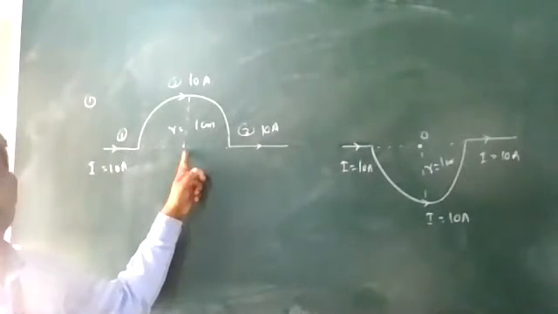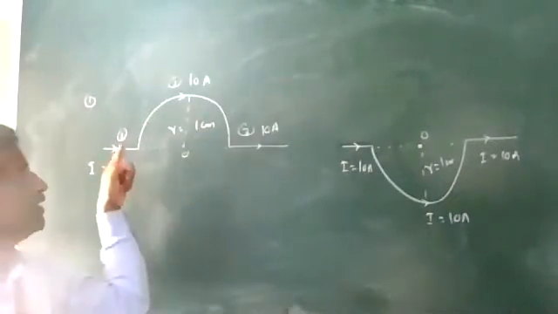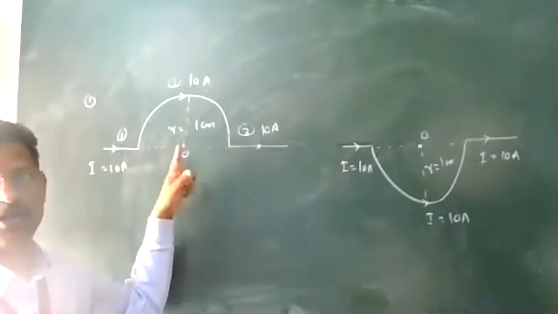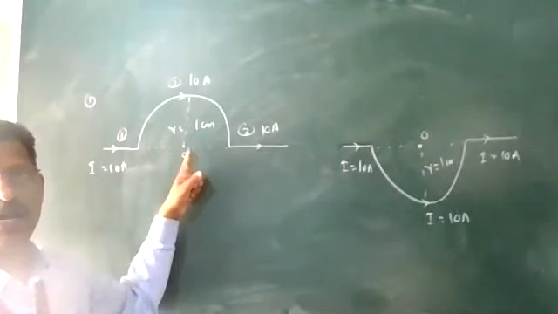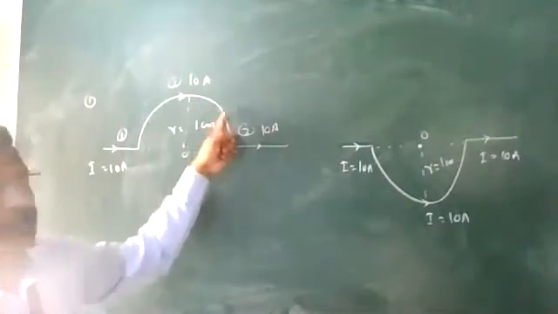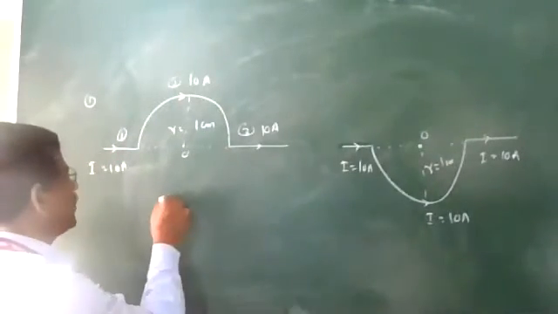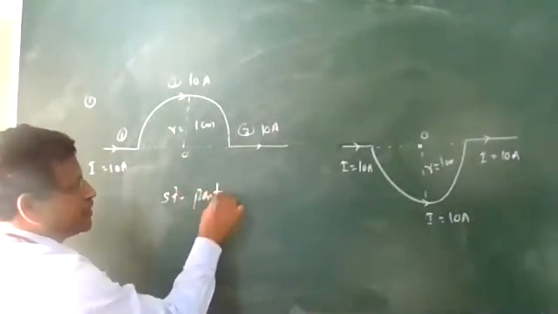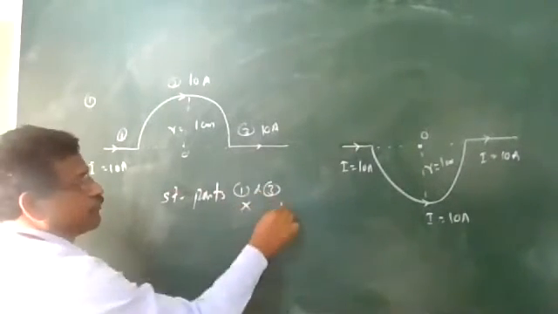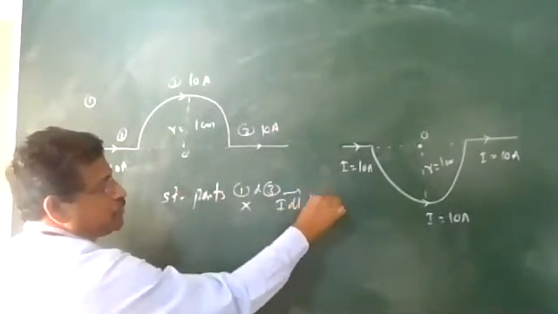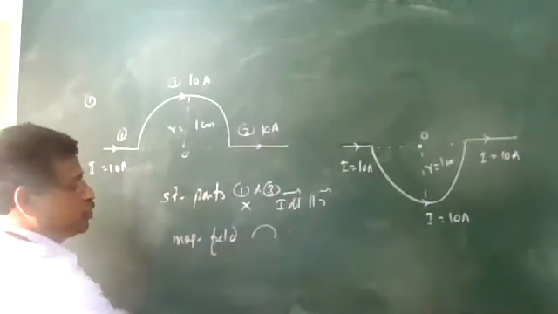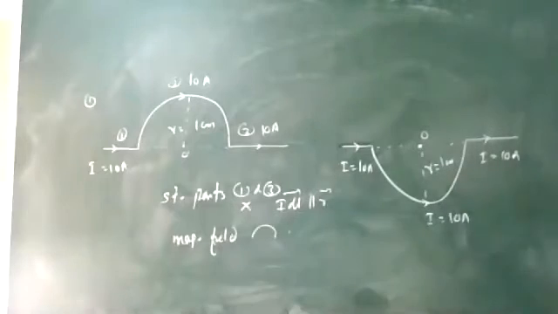It is bent in this way, but these two straight legs will not contribute, because dl vector is parallel to r vector. Only the semicircle will remain. So the magnetic field is only due to the curved portion.